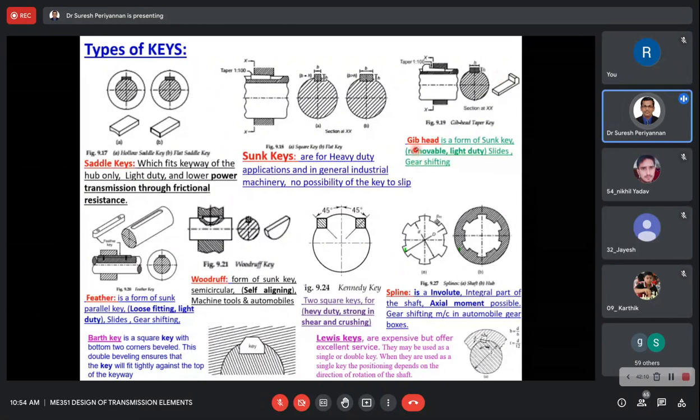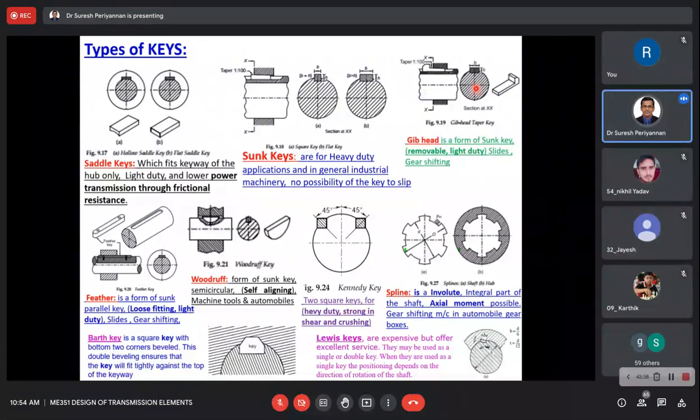When we use such a design, this is called a gib head key. This key can be easily engaged and disengaged from the shaft and pulley. It is a form of sunk key, removable and easily engaged. It is used for light duty, and for slides and gear shifting.